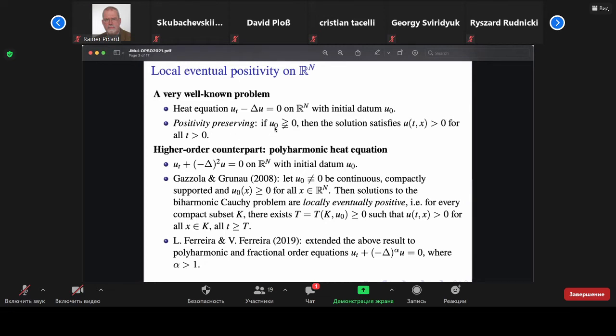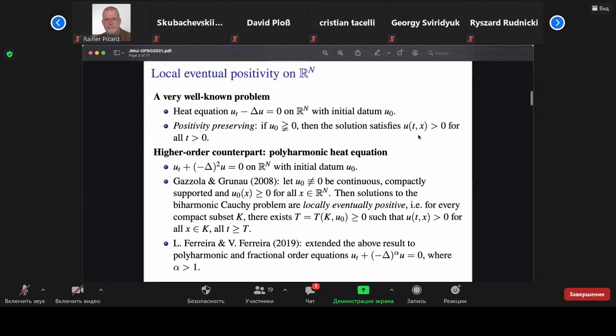So if u0 is a non-trivial, positive function, where we have to interpret positivity in the relevant sense, then the solution would satisfy that it is strictly positive for all positive times. So again, if I borrow some concept from Wolfgang Arendt's talk, this should really be positivity improving.